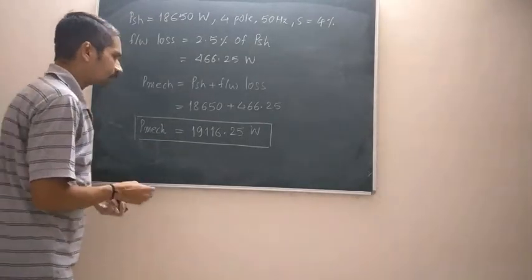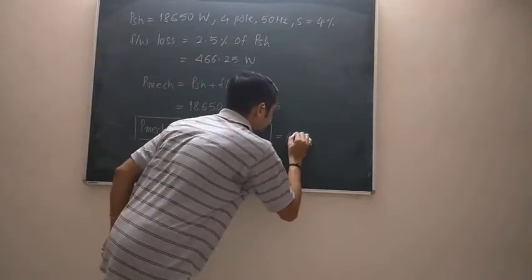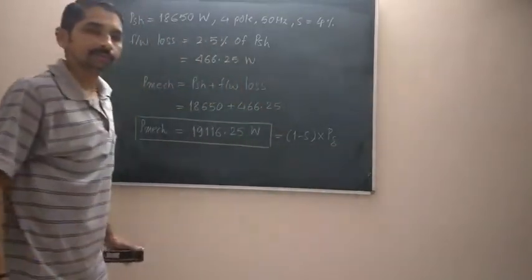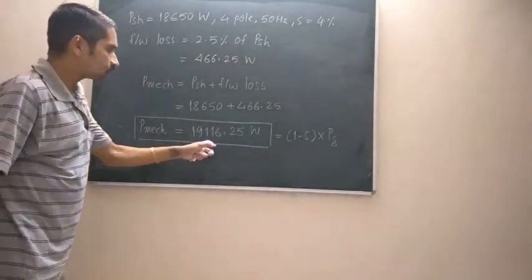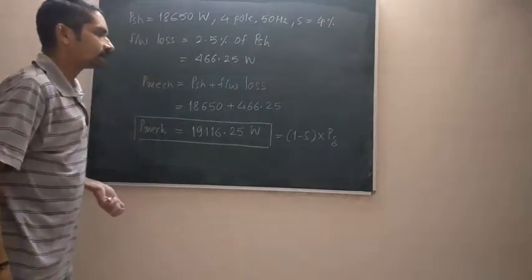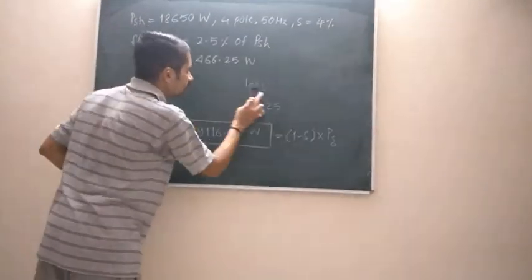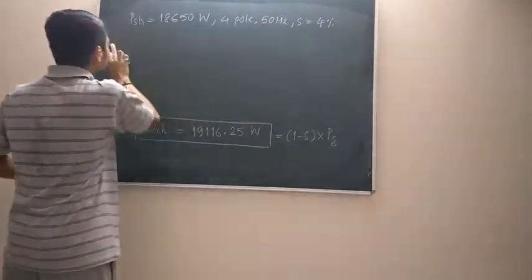Now this mechanical power is given by the formula (1 minus S) into Pg. So from this value and this expression, I can calculate my air gap power. Let us see how much it is going to be.